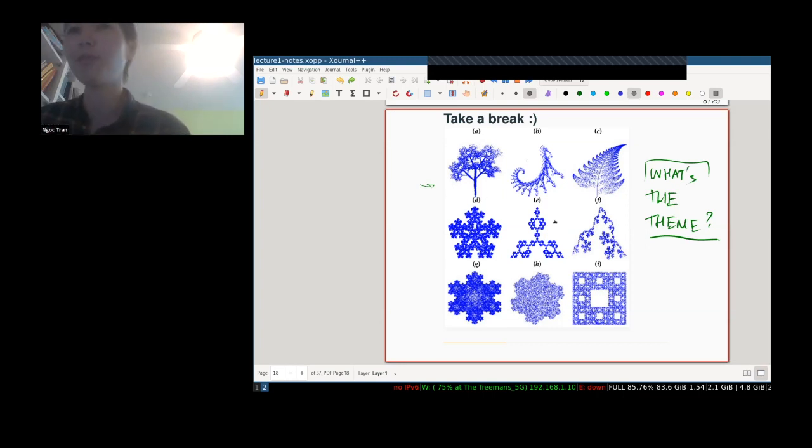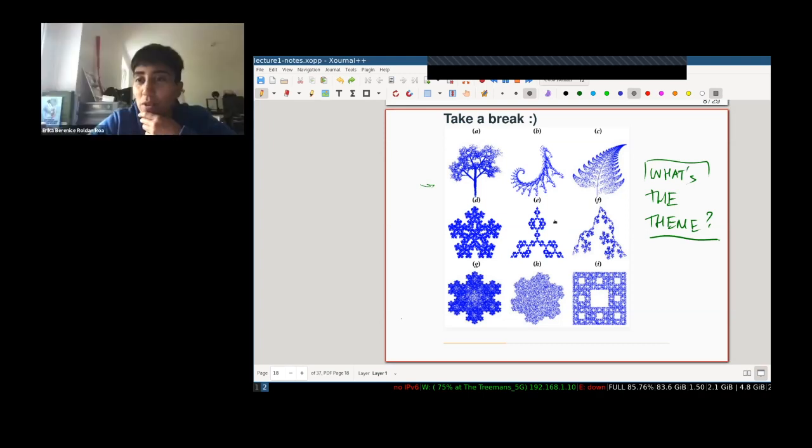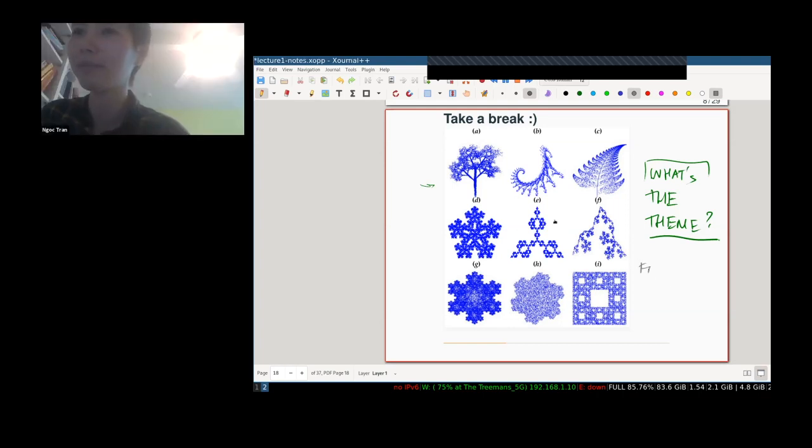What do you think is kind of common about these pictures? So someone said in the chat, fractals. Fractals, awesome.